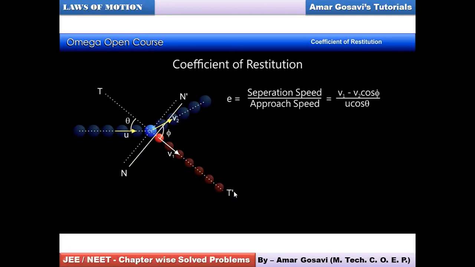This is the reference axis. Perpendicular to this axis will be n dash. So if I consider t dash as x, obviously n dash in an inclined manner will be y. Hopefully you understand this.